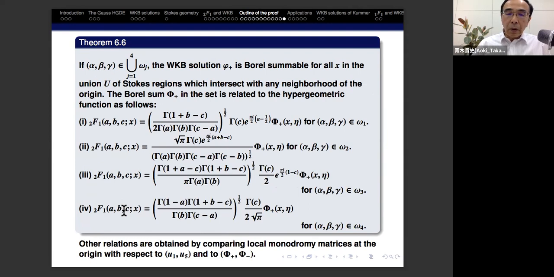Summing up, we obtain the relation between the classical hypergeometric function and the recessive WKB solution normalized at the simple turning point. And other relations are obtained by comparing local monodromy matrices at the origin with respect to U1, U5, and to phi plus, phi minus.